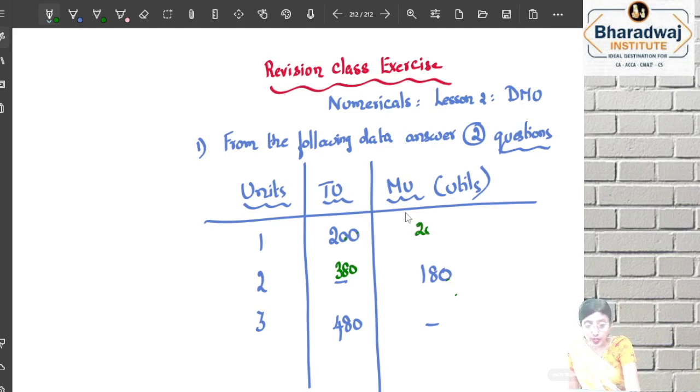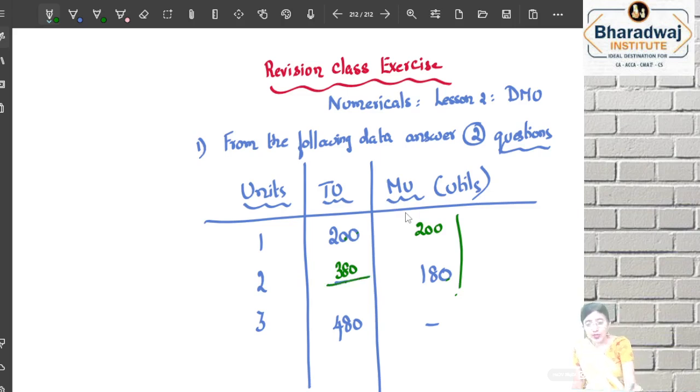What I'm trying to say here is this: when it is not given, you know that from 0 to 1, what is TU will be MU. That's why they give you dash. So from my first unit I got 200. Second unit I got 180. So total utility from the 2 units will be 380.